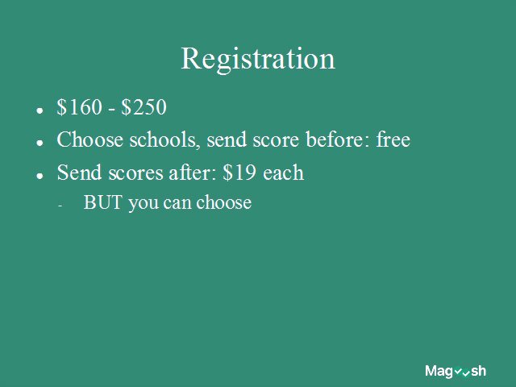If you take the test twice, then if you decide to send your scores for free when you register, both of those scores will go to all the schools that you send them to. But if you choose your scores after, then you can choose only the scores from the higher test.